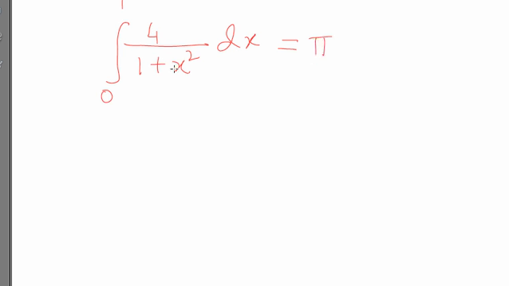In particular, for this week's lab, we need to evaluate this integral: 4 over 1 plus x square dx. Now this will give us pi if we integrate this.